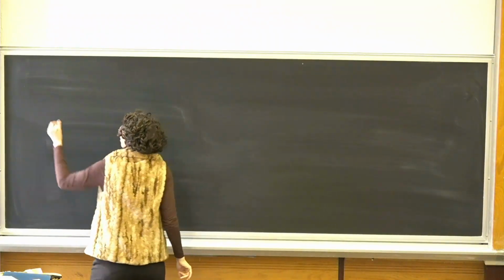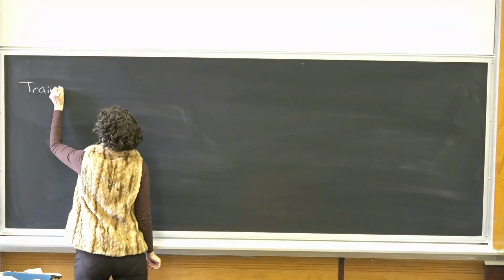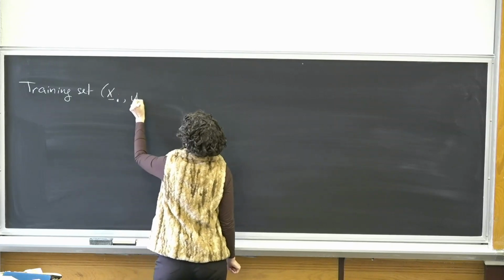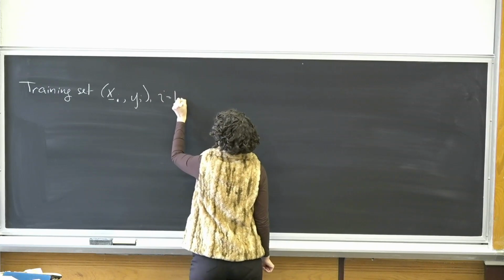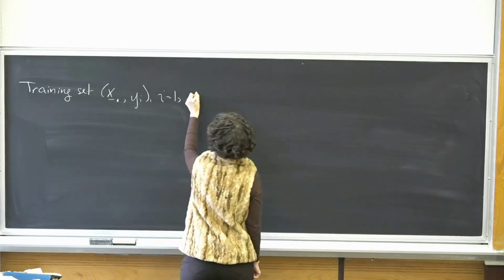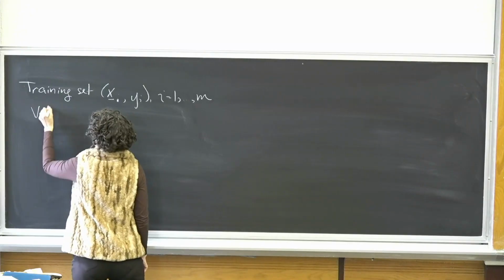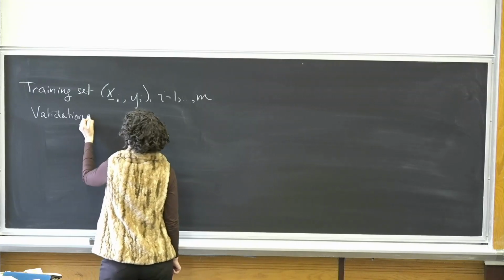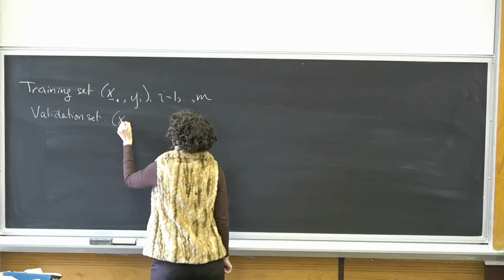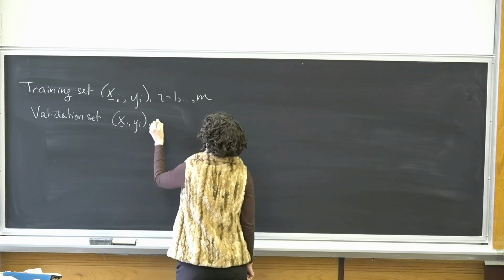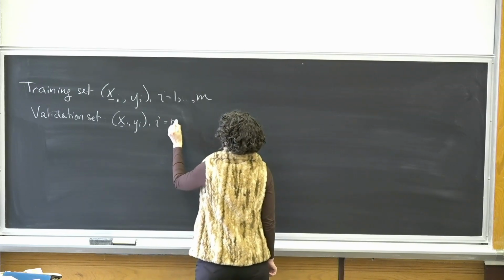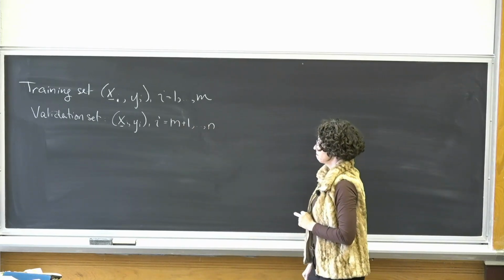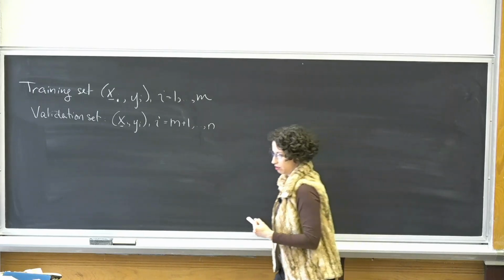Okay, so we're going to have our training set, which is going to be a bunch of x_i, y_i pairs for i equals 1 to, let's say, M. And then for my validation set, I'm going to also have x_i, y_i pairs, but now it's for i equals, let's just say, M plus 1 all the way to N. So now what I would do is the following.